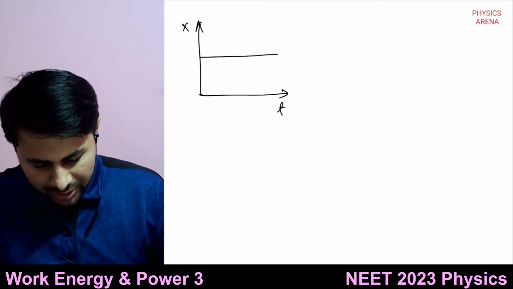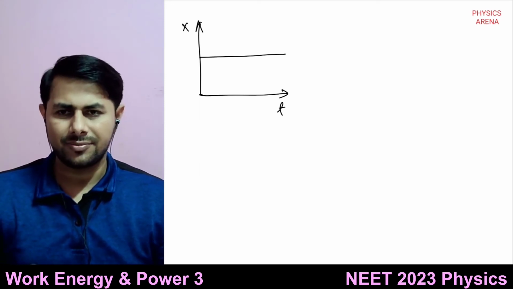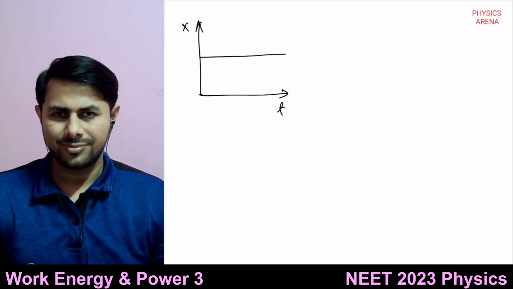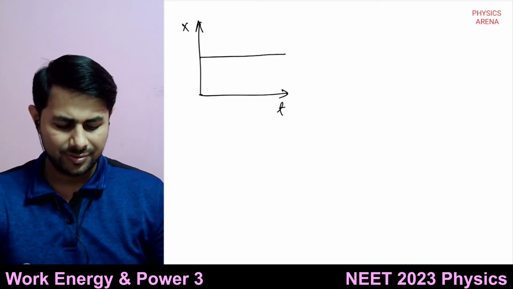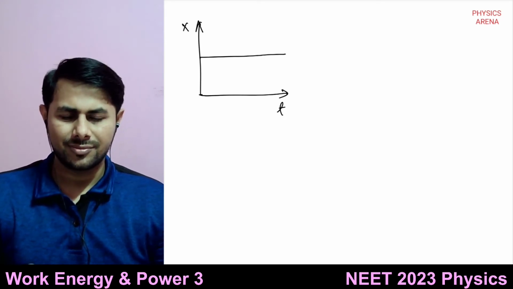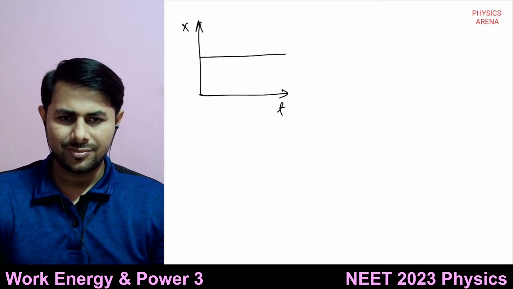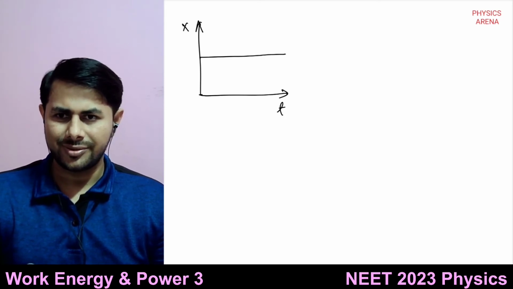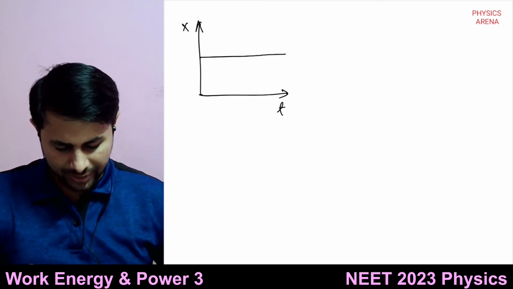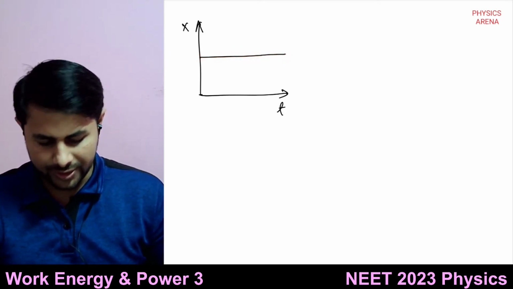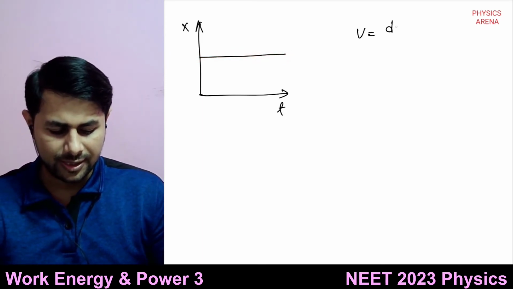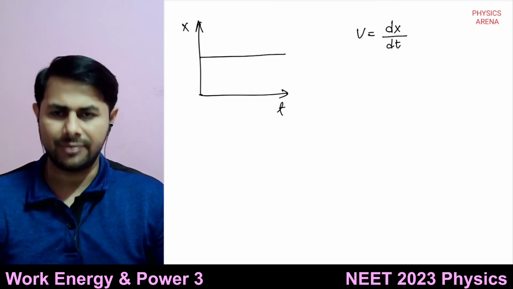How much is velocity when graph is like this? Zero, no? If graph of position versus time is like this, then velocity is derivative of position with respect to time.